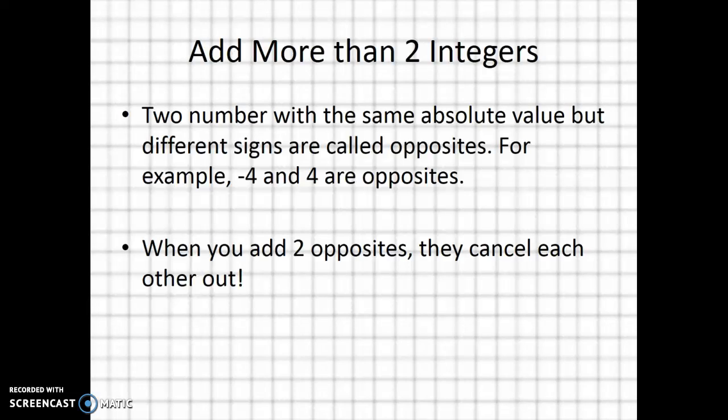All right, really quick, I'm going to skip the next one with submarines, and you guys can read about that on your own. But when you add two numbers with the same absolute value but different signs, they cancel each other out. So, for example, negative 4 and 4 are called opposites.